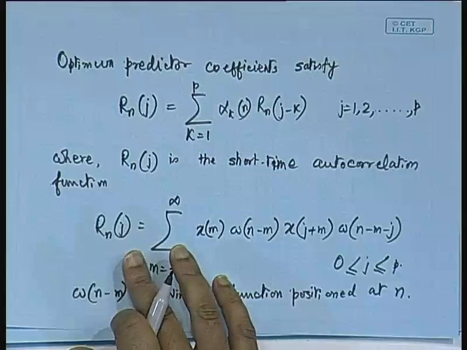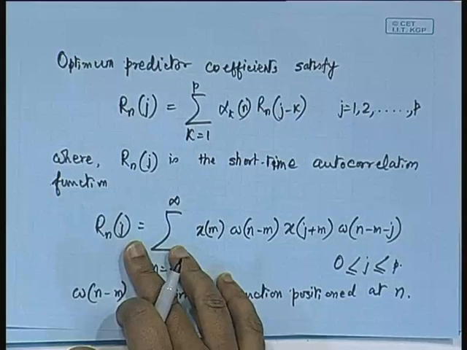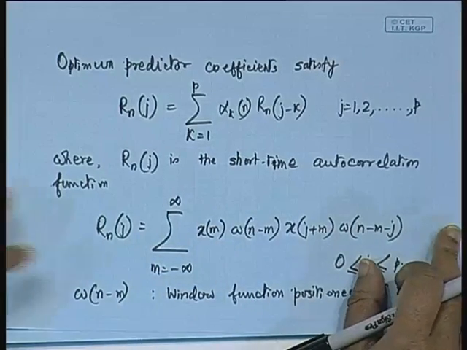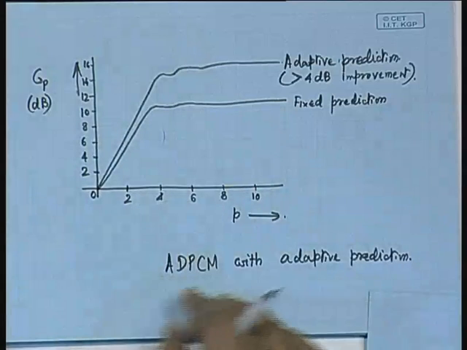Now, in the case of the adaptive prediction, one makes use of the short time autocorrelation. Now, short time autocorrelation, this R of j, what we have obtained is that we are always saying that this j should be much smaller, because we find that beyond p equal to 4, there is no significant improvement.